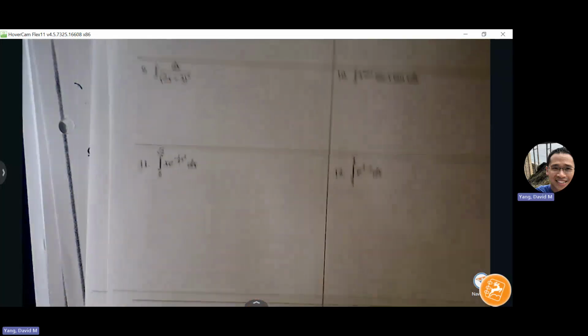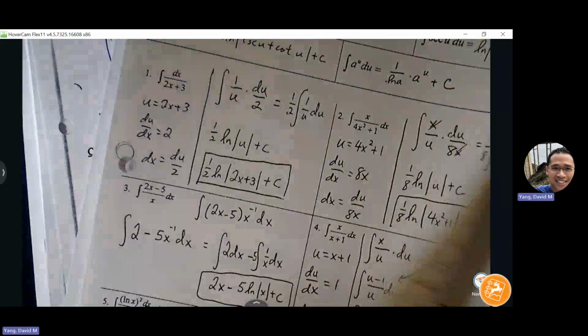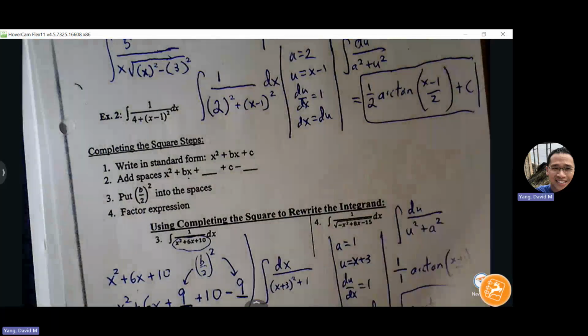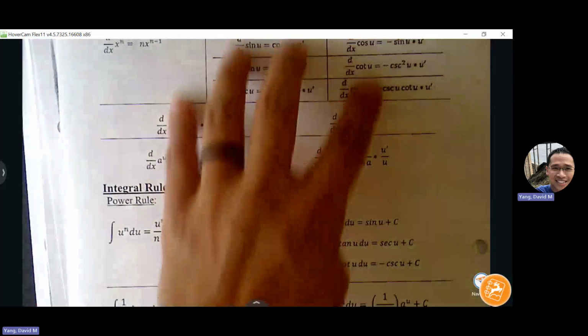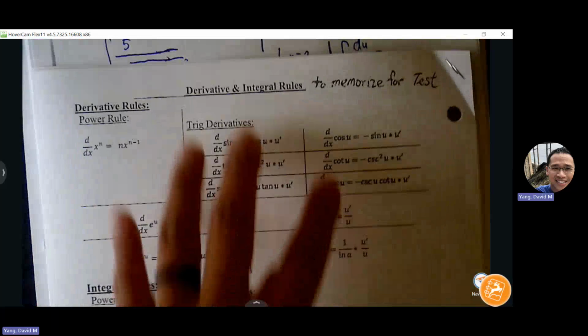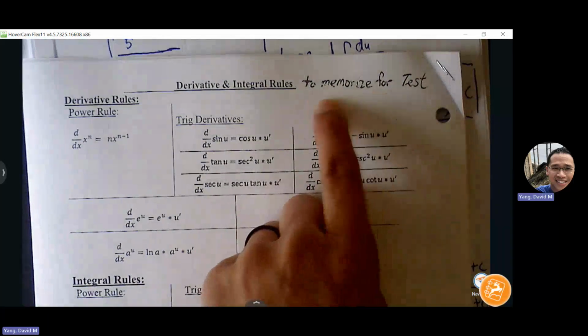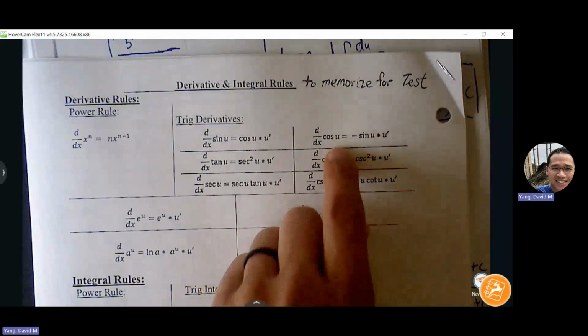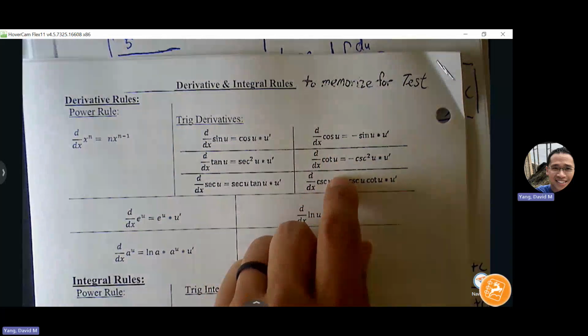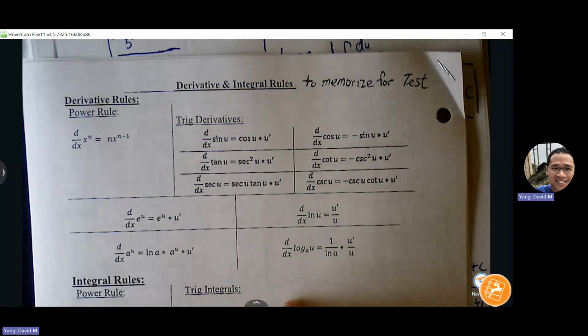So I do want to spend Monday going over what rules we don't have to worry about, at least not for this test. But you can start looking at the back of the rules that we've learned. Okay, and I'm going to highlight the ones that we can just focus on and not worry about.